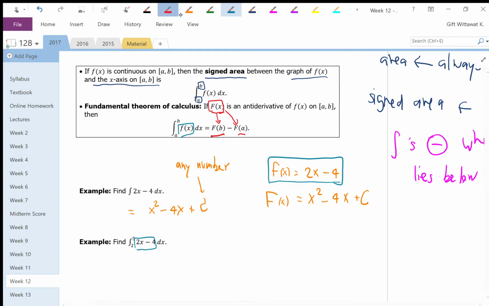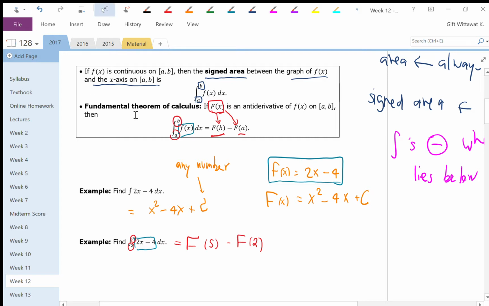So the fundamental theorem of calculus says that this integral is going to be nothing but my big F of b, which is 5, minus big F of a, which is 2. So that's where my 5 and my 2 come from. That's the limit of my integral.